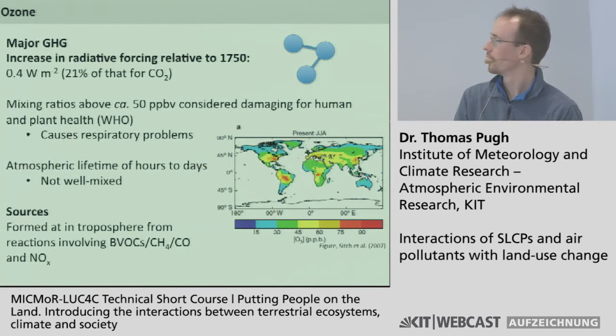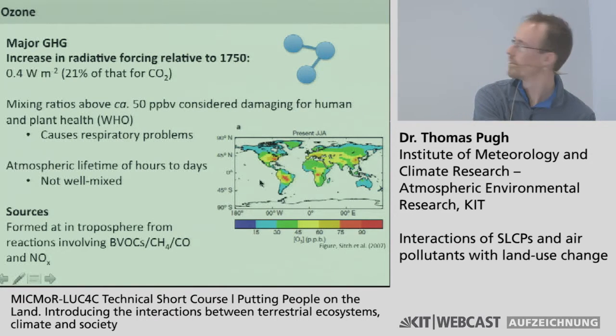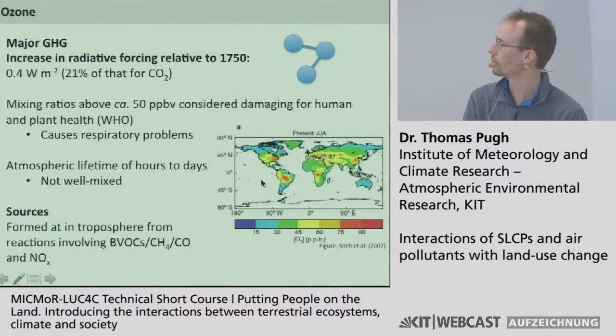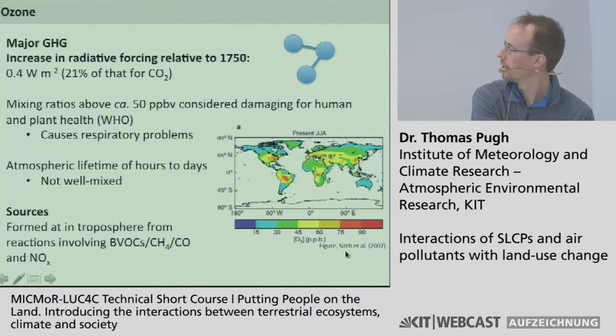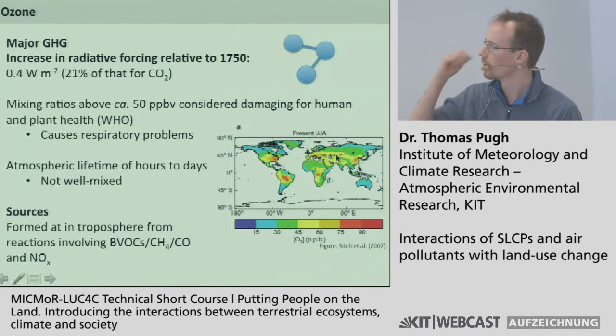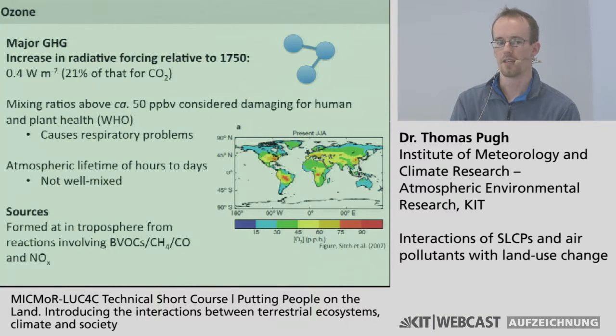So if you look at this map on the right here, this is some model ozone concentrations or mixing ratios, and you see that there are very high concentrations in some parts of the land surface, and on others it's much lower. It's not just a problem for radiative forcing, it also has substantial health effects.